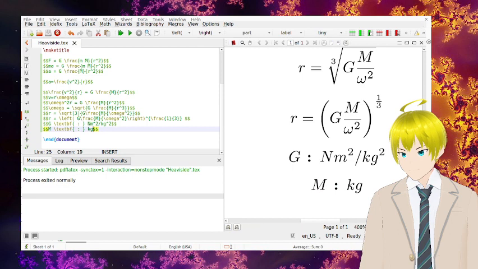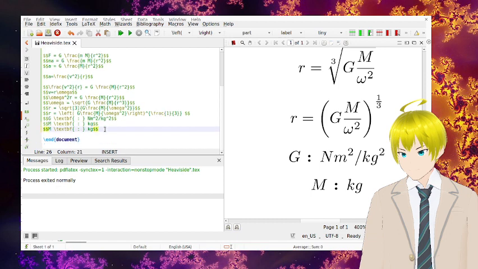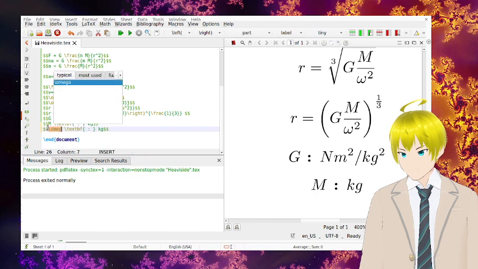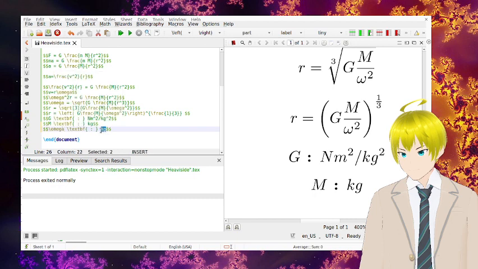Yeah, it is. So M is kilograms. This is radians per second squared. So omega is radians per second squared. No, it's just radians per second actually.